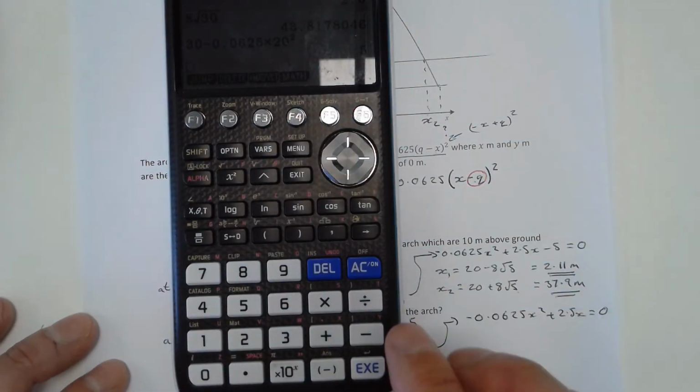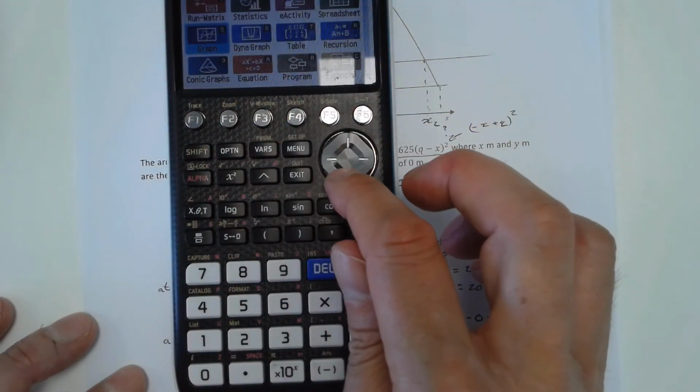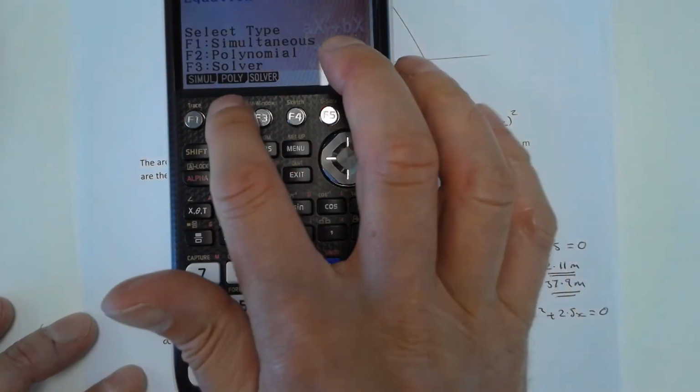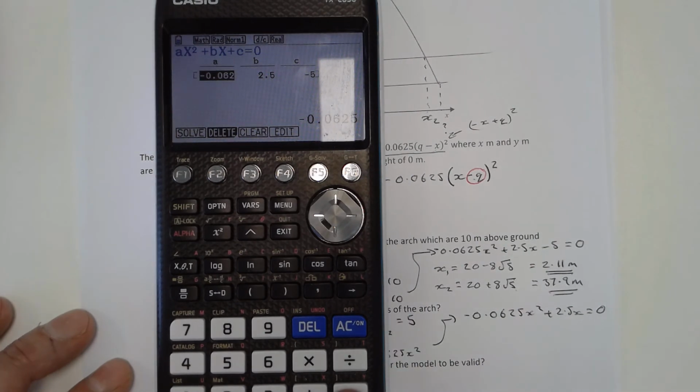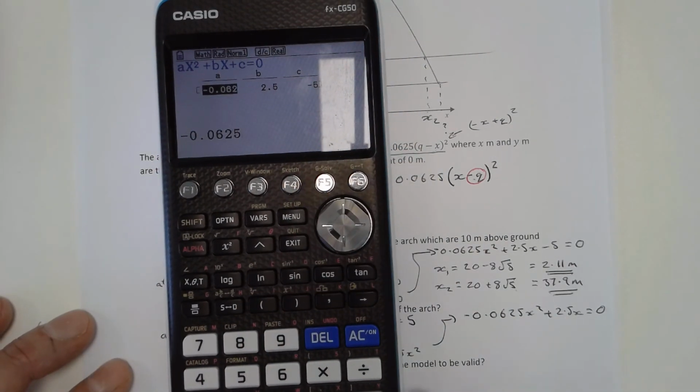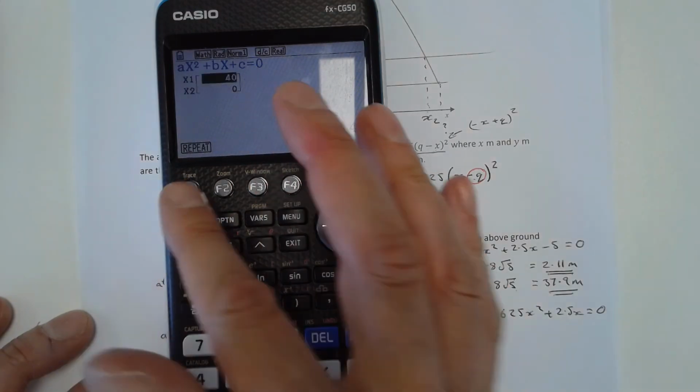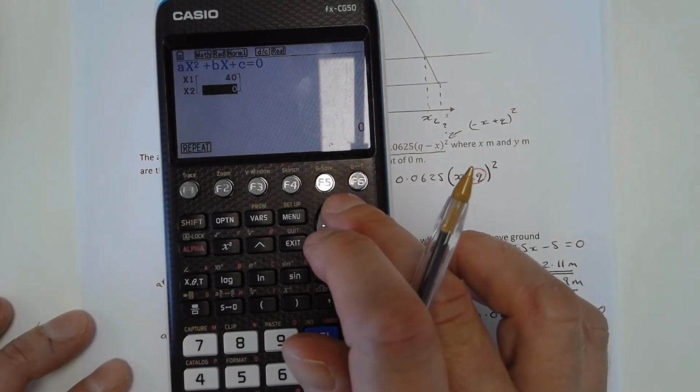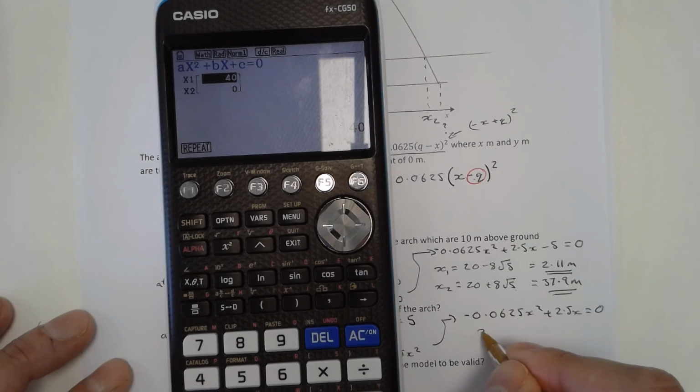I'll go to my calculator now, I think is the simplest way of doing it. So we'll go there. Polynomial degrees 2, and I've got minus 0.0625, plus 2.5 and 0 in my C. I solve, and I've got one x coordinate as 0, and I've got the other one as 40.